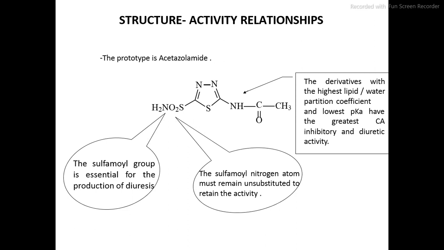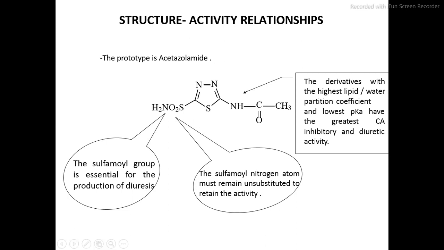This replacement is good. It produces the highest lipid-water partition coefficient, and because of some polarity available in the acetazolamide side chain, it has the greatest carbonic anhydrase inhibition and diuresis activity.